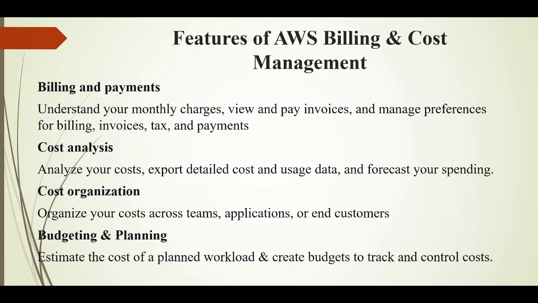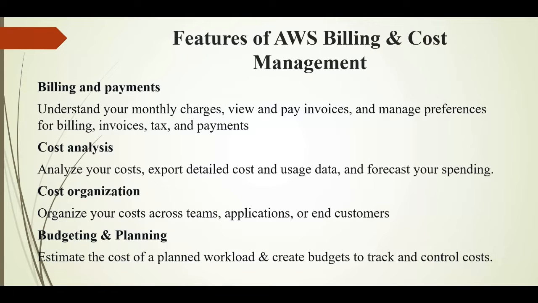The next is features of AWS billing and cost management. Billing and payments: it helps you understand your monthly charges, view and pay the invoices, and manage the preferences for billing, invoices, tax, and payments. Billing and payments include bills, purchase orders, payments, payment profiles, credits, and billing preferences.